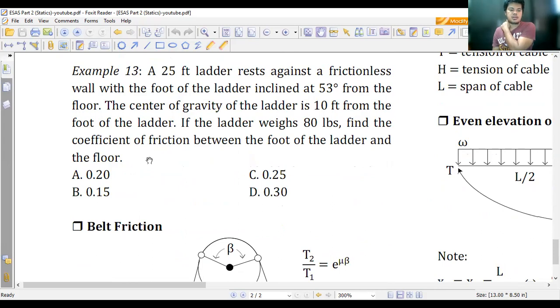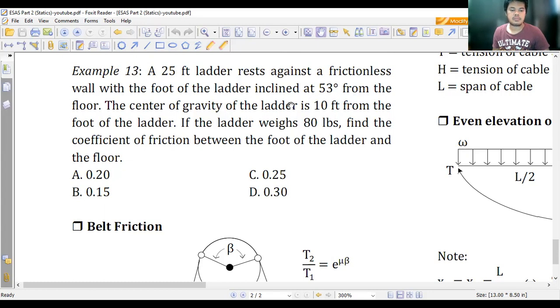Example number 13. We have here a 25 feet ladder resting against a frictionless wall, with the foot of the ladder inclined at 53 degrees from the floor.